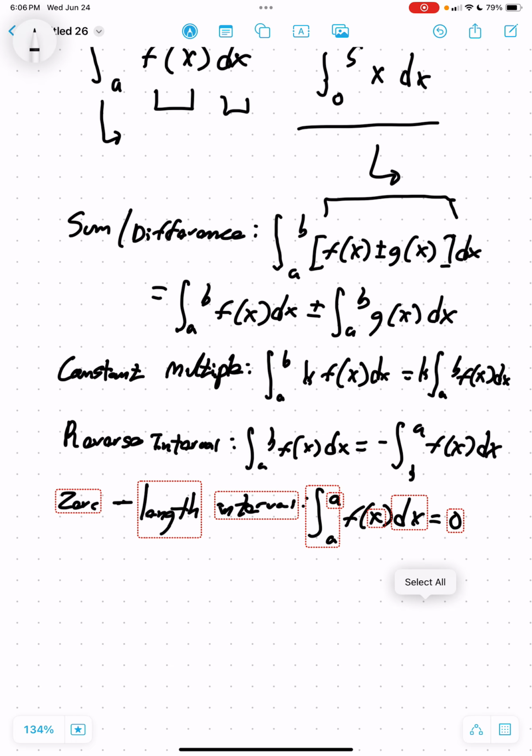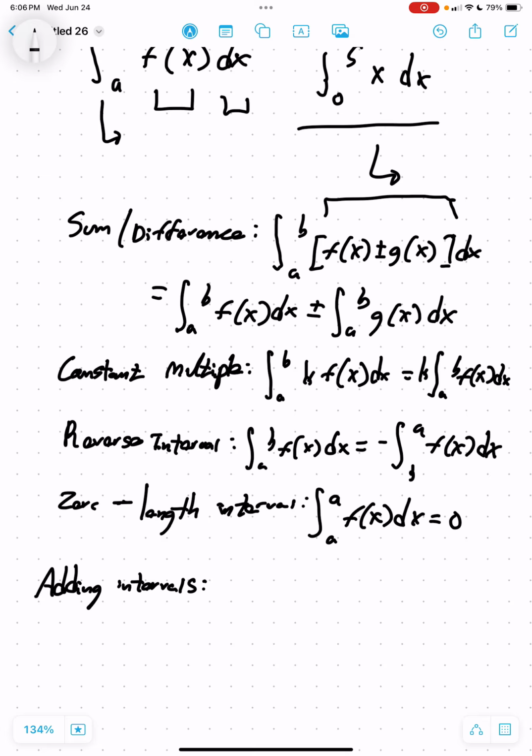And then the last rule is going to be adding intervals. So let's say I have the integral from a to b of f of x dx plus the integral from b to c of f of x dx.